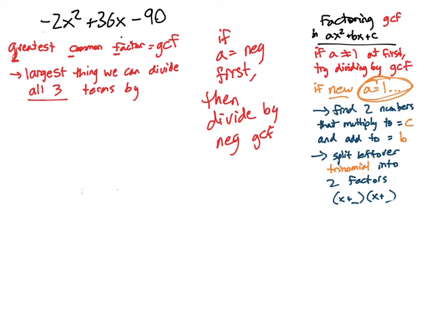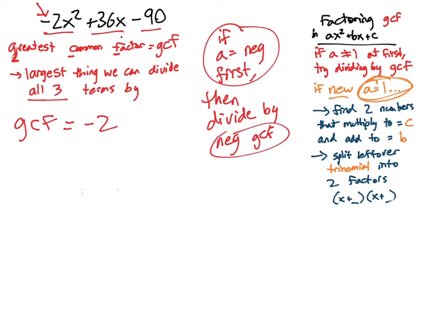So looking at these three coefficients, the biggest thing that all of those are able to be divided by is 2, and since this first coefficient has a negative in front of it, we're going to make that greatest common factor a negative 2. If we divide each of those terms by negative 2, what we'll be left with is x squared.